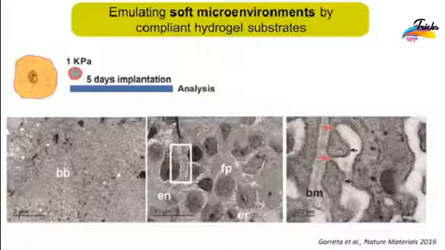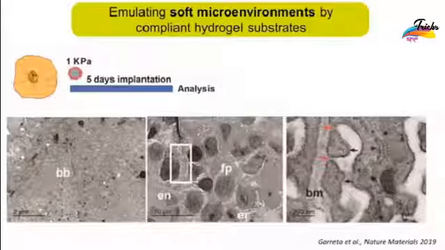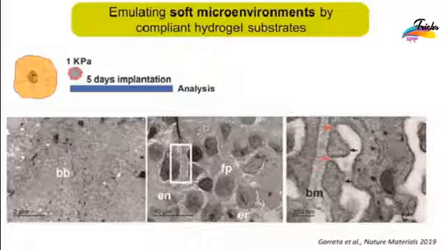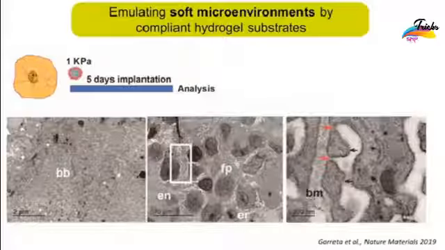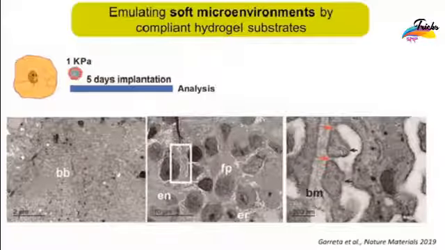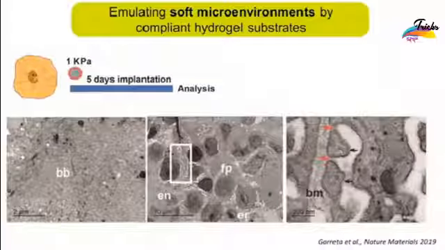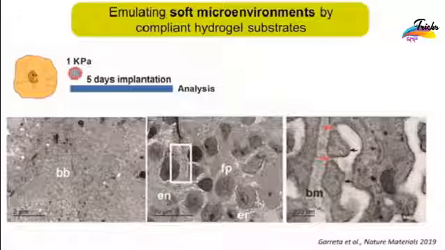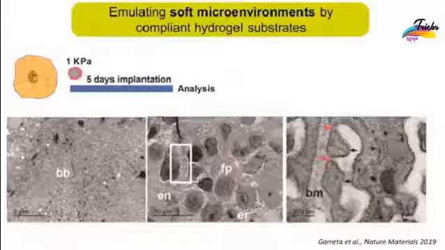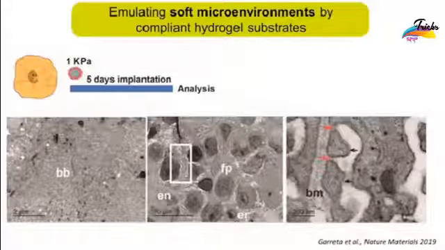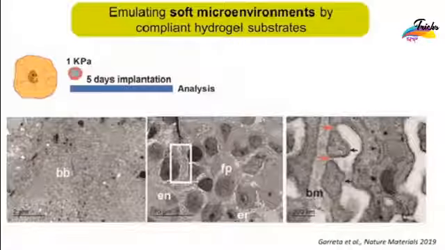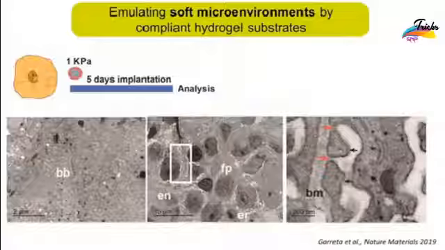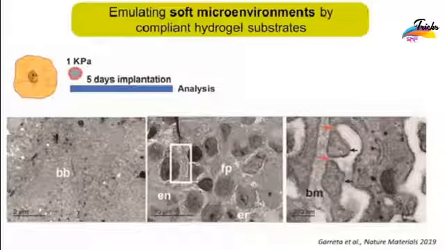These are just some examples of microscopy images in which you can see that the tubular structures were possessing markers, and also podocyte-like cells that were showing important features of differentiation, podocyte-like cells with primary and secondary foot processes that are here labeled in red.